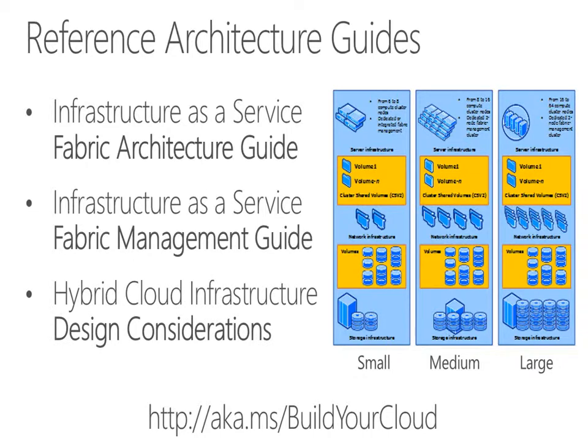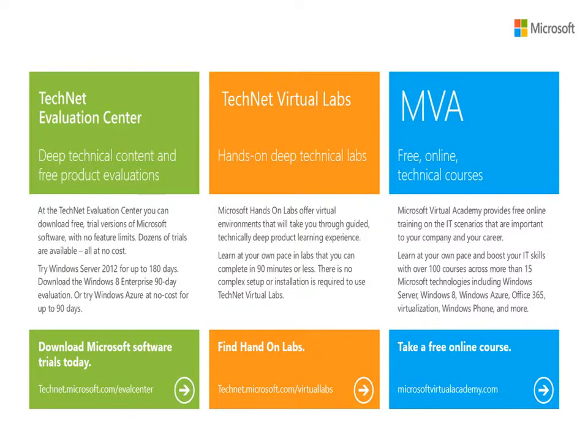And then there's also a hybrid cloud infrastructure design considerations guide that steps through in more detail the planning and design considerations of taking that private cloud and extending it to a hybrid cloud by leveraging public and hosted cloud resources.